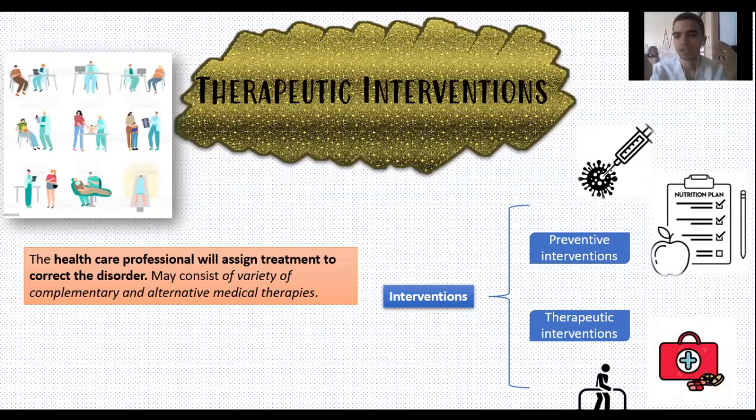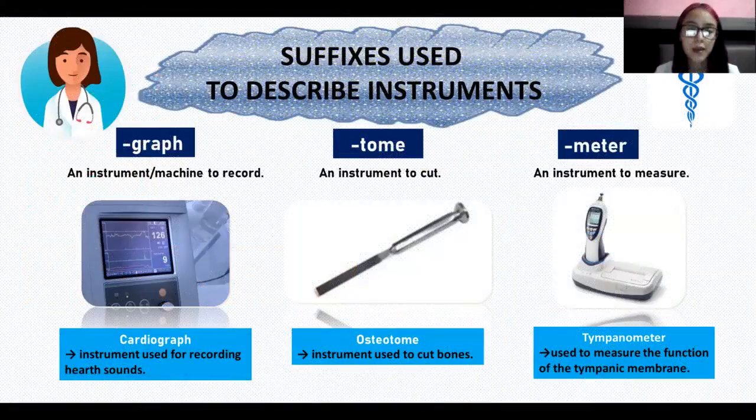And examples of therapeutic intervention, well, we have rehabilitation, we have treatment of disease, and also we have control of chronic disease.